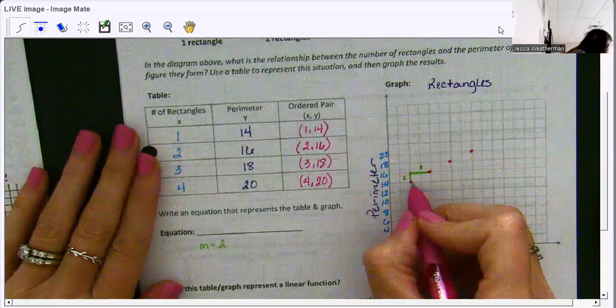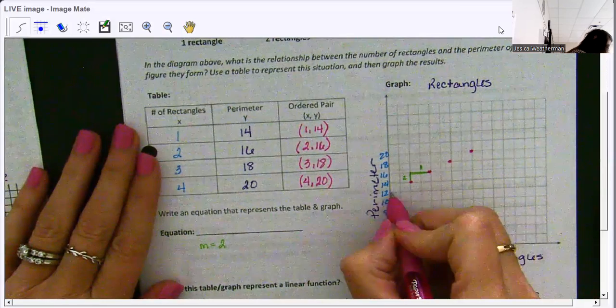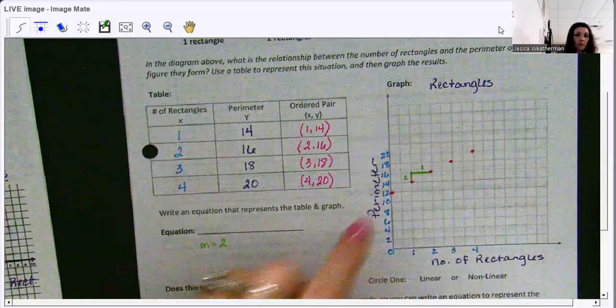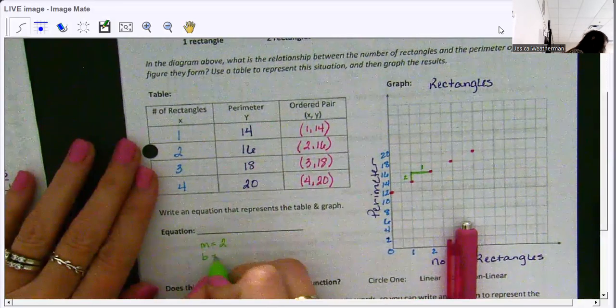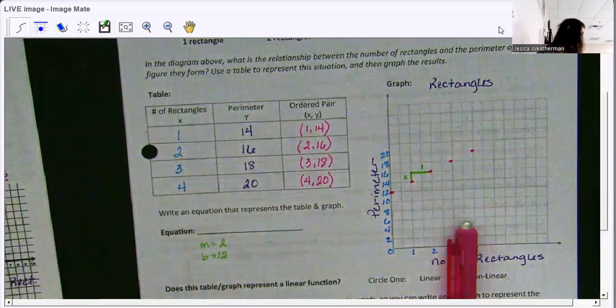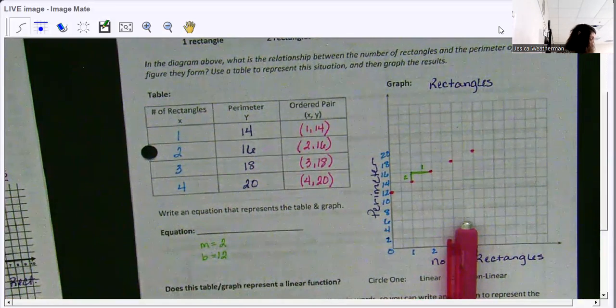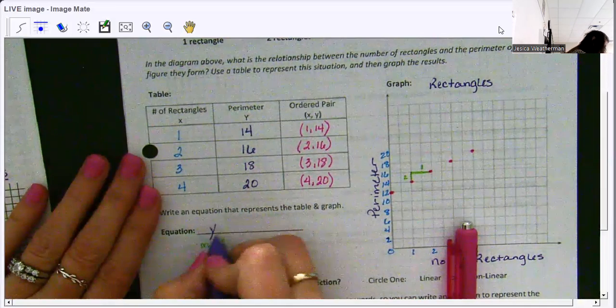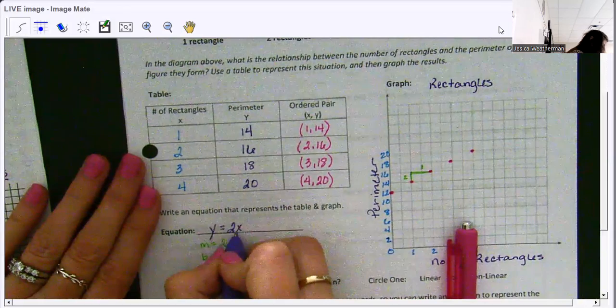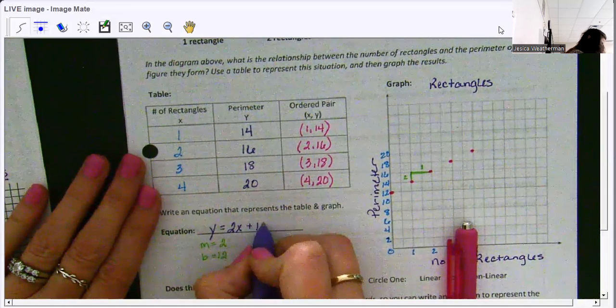So I'm going to go down 2 and over 1. And that means that my y-intercept is 12. So b equals 12. Okay. So then I can put this into an equation, and it would be y equals 2x plus 12.